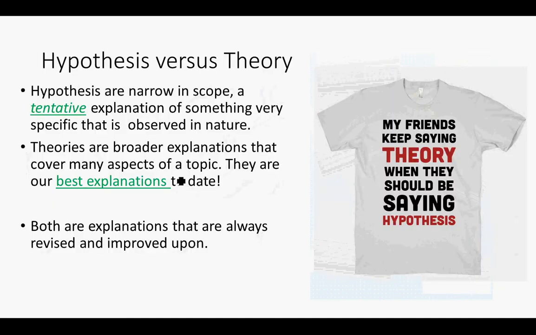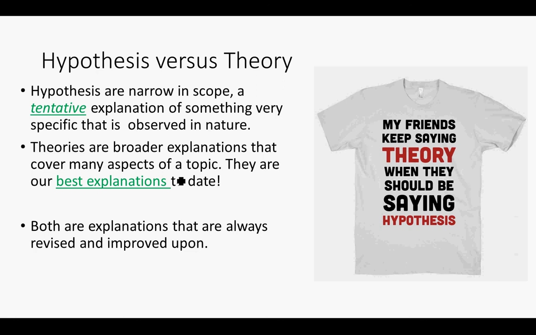And lastly, the difference between hypothesis versus theory. The hypothesis is usually narrow in scope. It's a tentative explanation or prediction, and it's very specific, whereas theories are broader explanations, and they're the best explanations to date. We basically take theories and we deem them to be true until they are disproven.